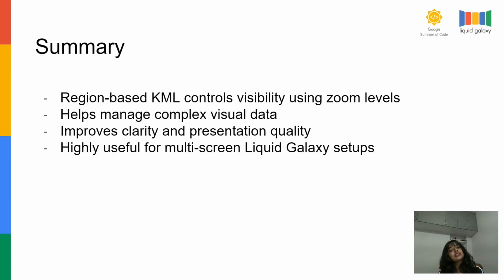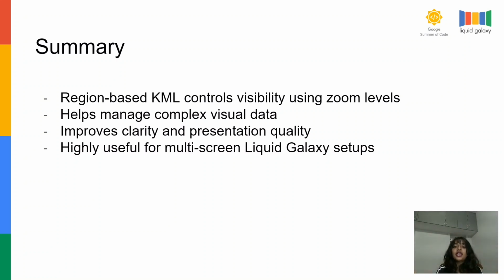To summarize everything we discussed today, region based KML allows visibility control based on zoom levels. So, when you're zoomed out, fewer details are shown, and when you zoom in, the details pop up, but not immediately and not all details at the same time.